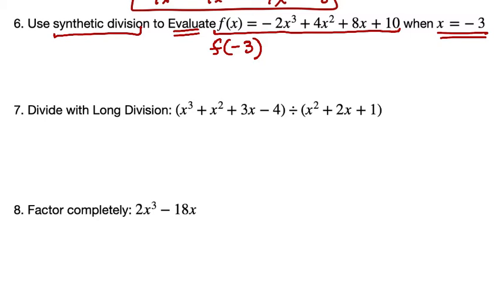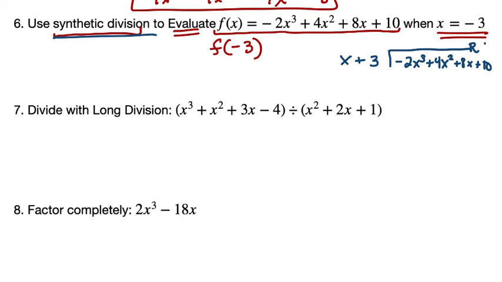All right. So this is the remainder theorem when they tell us to do that. What it says is that if you divide a polynomial by a factor, and I'm going to divide it by x plus 3 in this case, then my remainder will be f of negative 3.